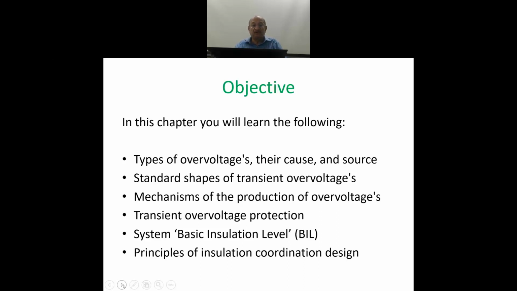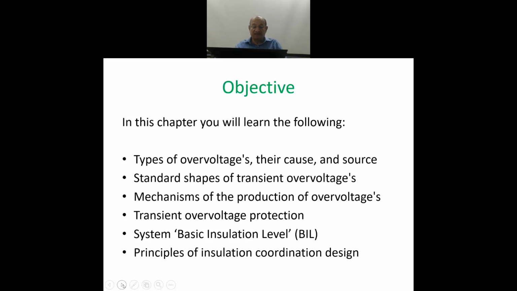As I've been saying, the insulation system is the base of the power system, and our object is to have an adequate insulation system. It shouldn't be less, it should be more.